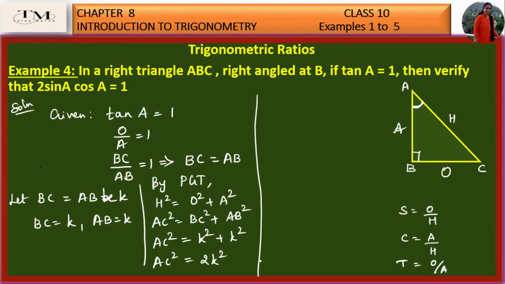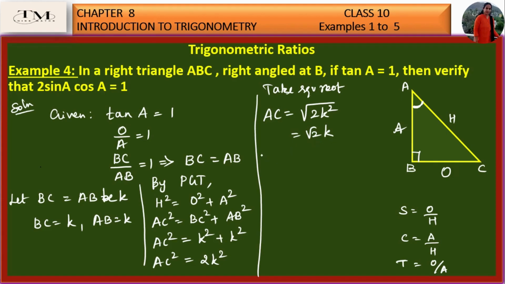Now I am going to take square root. So if we take square root on both sides, what happens? This power 2 gets cancelled. So AC will be equal to square root of 2K square. So in K square, power 2 gets cancelled. So we can write root 2K. So we got AC is equal to root 2K.